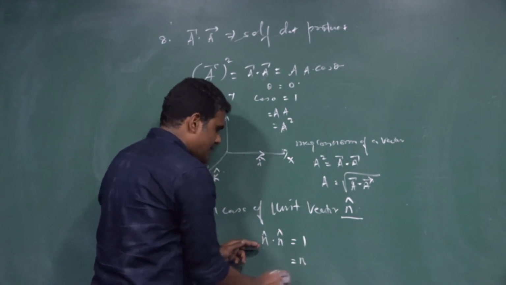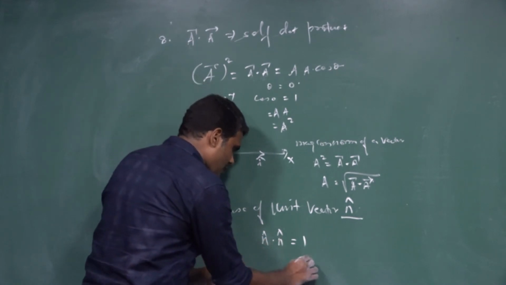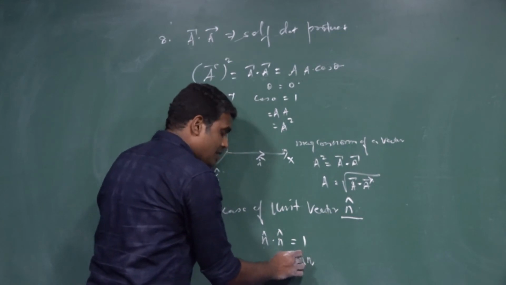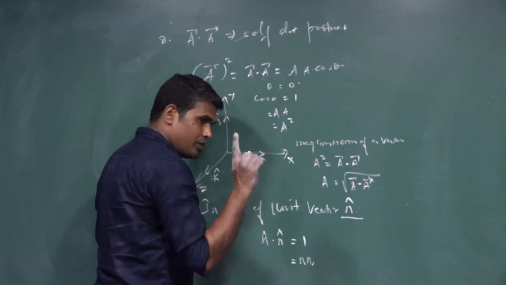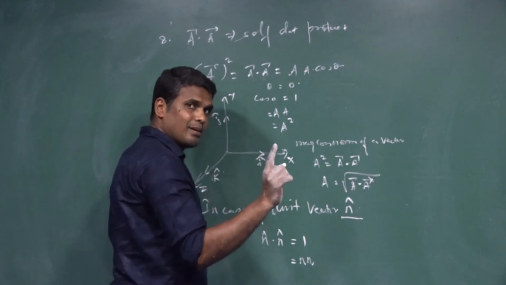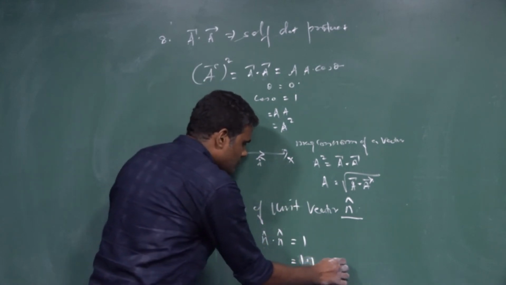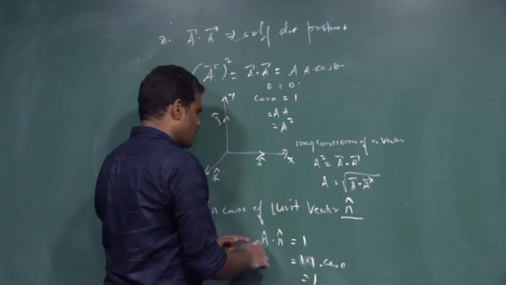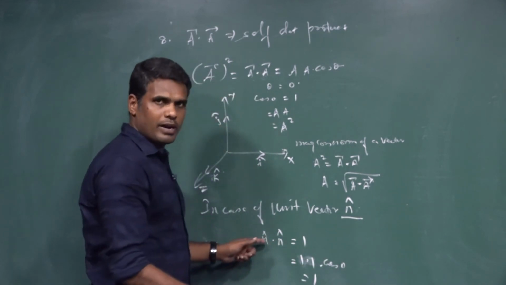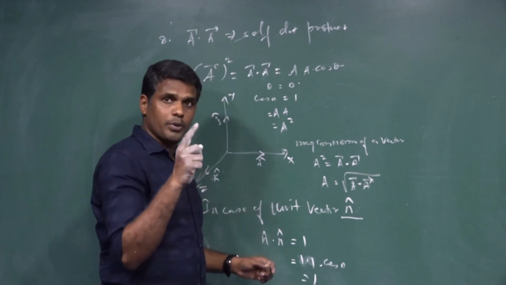N cap has magnitude n, and another n cap has magnitude n. What is this n? Unit vector in the sense it has a single magnitude, 1. So 1 into 1, cos of 0 is also 1, so simply 1. So when a unit vector is taken in a dot product with itself, the resulting value is 1.